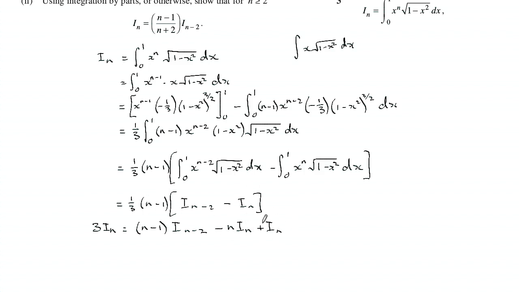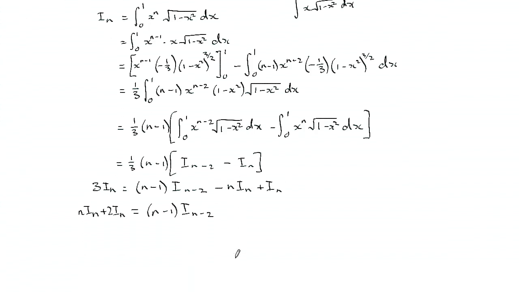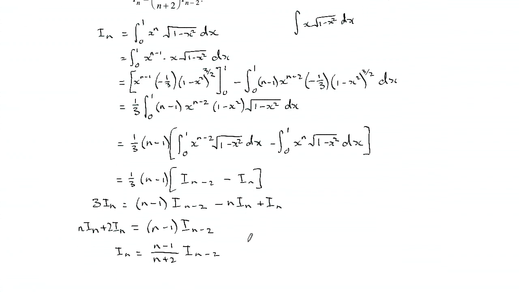Okay, and then let's just move that stuff over there. And then this is just n plus 2 times I n, and then we can divide both sides by n plus 2. And that will give us n minus 1 over n plus 2, I n minus 2, which is what we wanted to prove. So that's it.